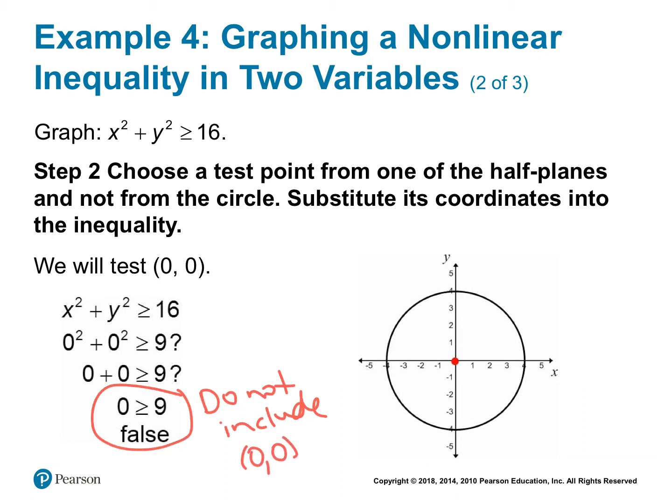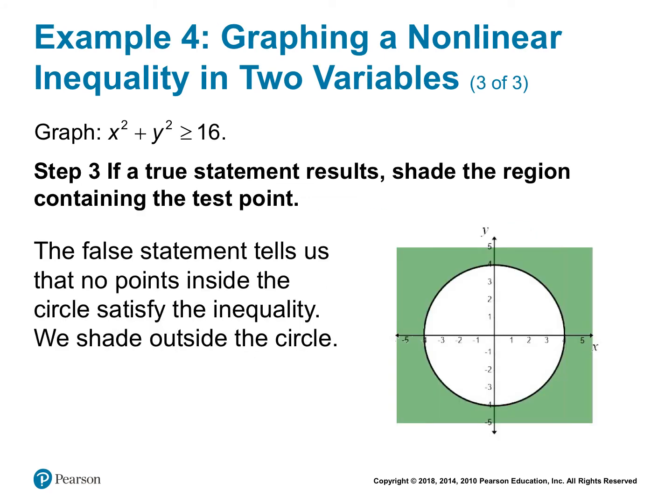So that means you're going to shade everything on the outside of the circle. Anything outside the circle is going to make this statement true. Anything inside is going to make it false. And there's just another visual. That is the shaded area.